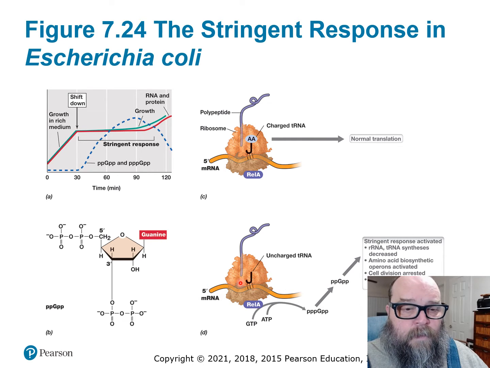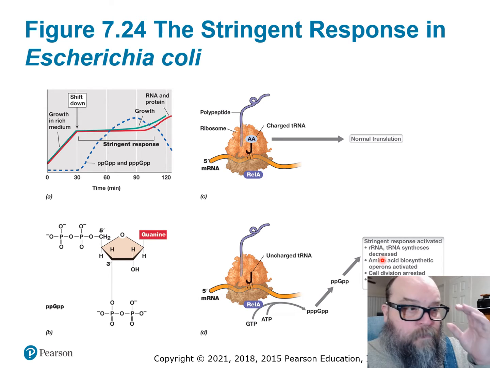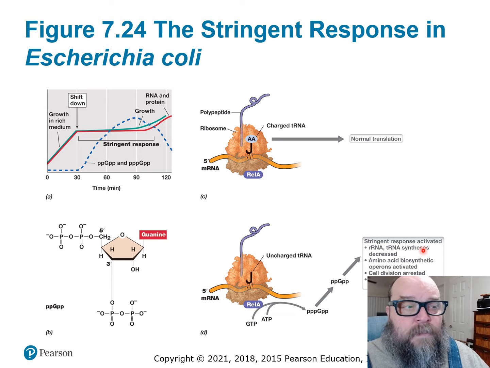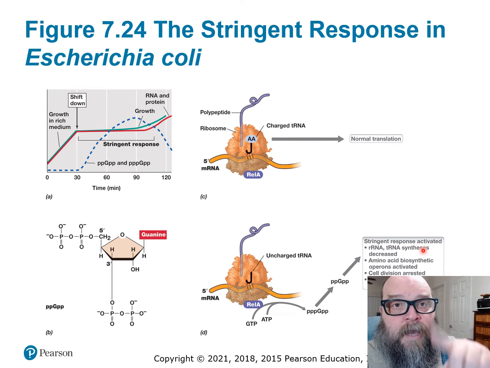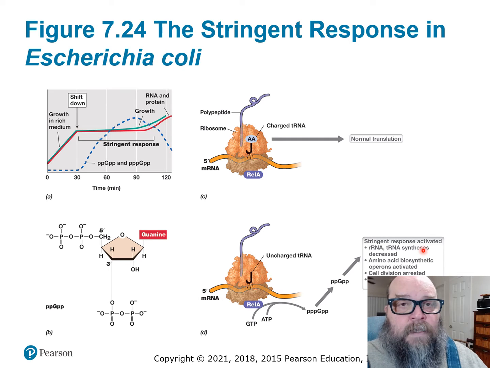No translocation. The halting of the ribosome will cause RelA to strip off phosphates from ATP and add them to GTP. So it takes off the terminal two and adds them, or the three and adds them. Increasing levels of the tetra or the pentaphosphates trigger all of these responses. Decrease in tRNA and tRNA synthase, ribosome, amino acid biosynthetic operons all become activated.